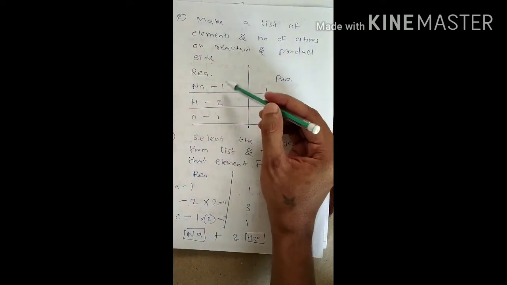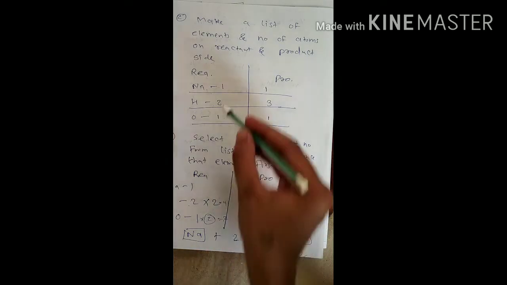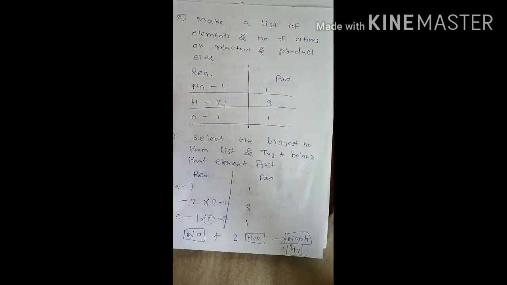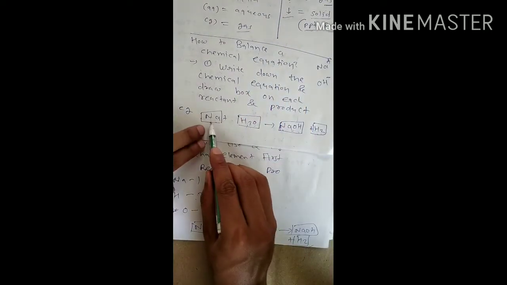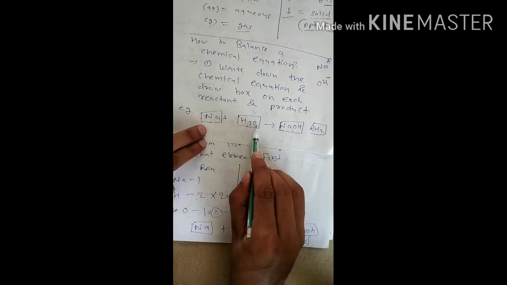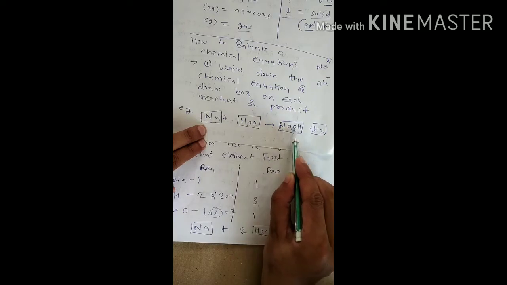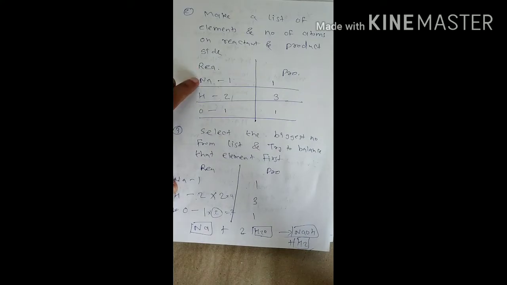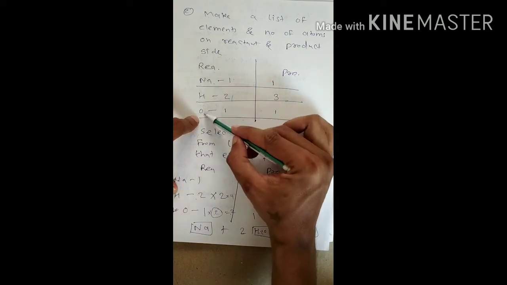So you have to make a list of each element on the reactant and product side, plus you have to write down the number of atoms on the reactant and product side. In the equation you can see the elements: sodium, hydrogen and oxygen on the reactant side, and on the product side sodium, oxygen and hydrogen. So here I have written on the reactant side sodium, hydrogen, oxygen. Same way on the product side sodium, hydrogen and oxygen.